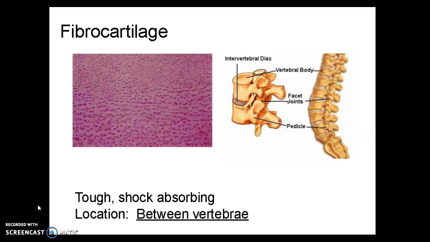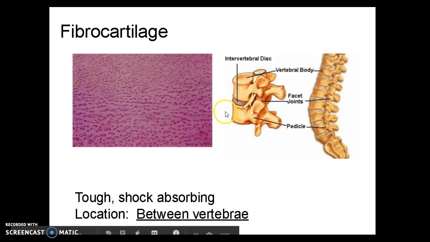Next, we have fibrocartilage. Fibrocartilage is a very dense cartilage. It's very tough, and it's used as a shock absorber. And so a common location for these are the intervertebral discs in between your vertebrae. So right here.